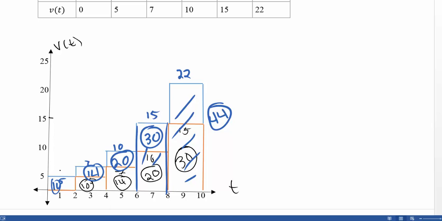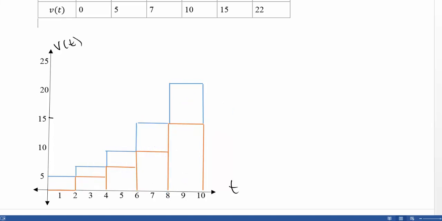Now, something even more interesting happens when we're graphing a scenario like this. If we connect the points of the left-hand approximations, we get something that looks like this, which is the same thing we get if we connect the corners of the right-hand approximations.